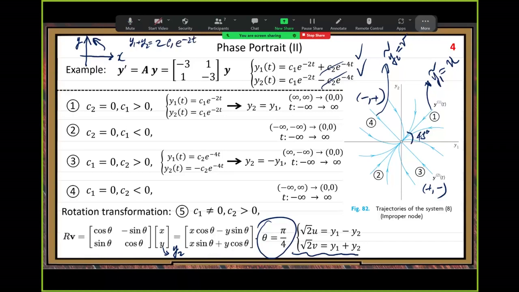Second, use y1 minus y2. What do you get? This time the C1 term cancels out, so you get 2 C2 e to the negative 4t.